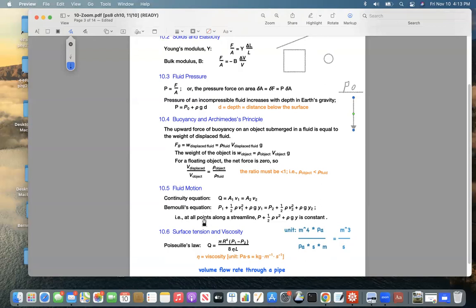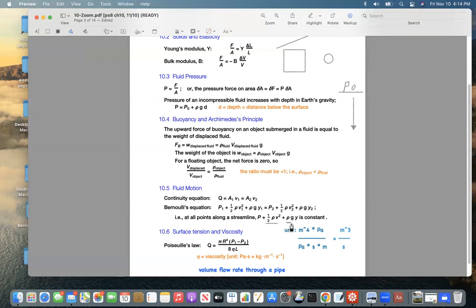And it says that on a streamline, pressure plus 1/2 rho v squared plus rho g times y, the vertical coordinate, I should say, is constant. You can sort of see this reminds you of kinetic energy. It's actually kinetic energy divided by a volume.